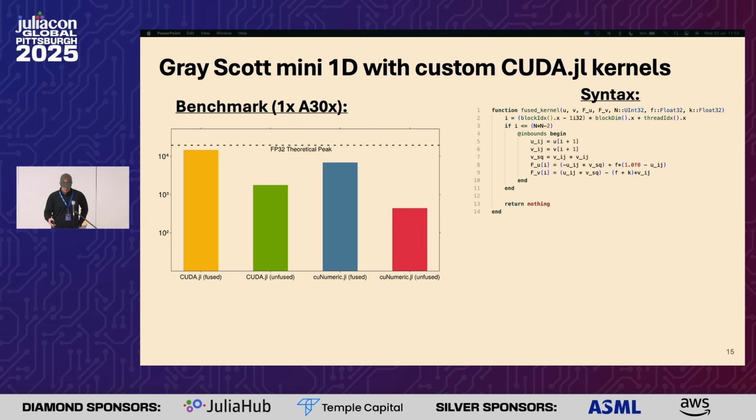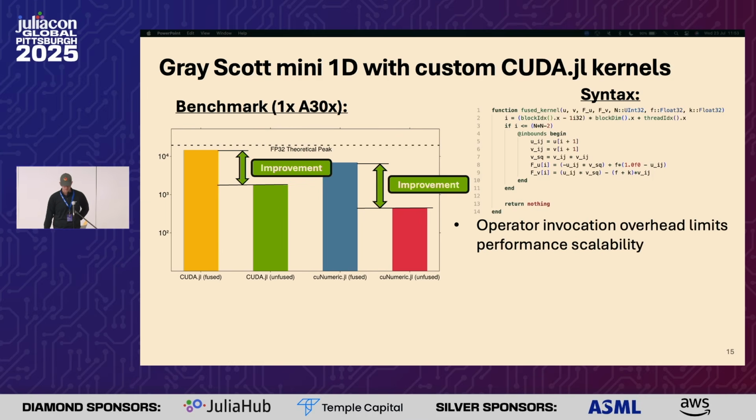The blue is the fused kernels that I was just presenting, and then the red was the prior when you unfuse, doing operator by operator. There's a substantial difference in the sense of you could get a performance benefit by fusing kernels, and that's what we saw with the prior work with the Legate team. And that's also what you see with the CUDA.jl library. You could get a performance benefit by fusing kernels.